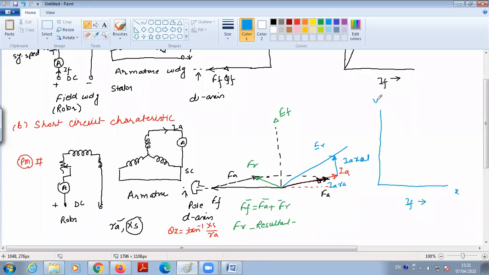On the y axis we are taking the short circuit current Isc. So what would be the nature? Can anybody give? Yes, anyone?